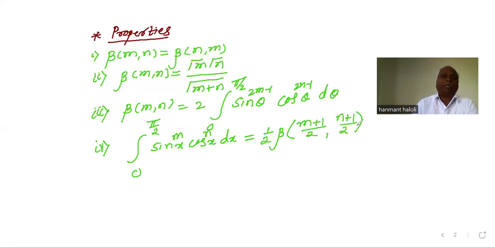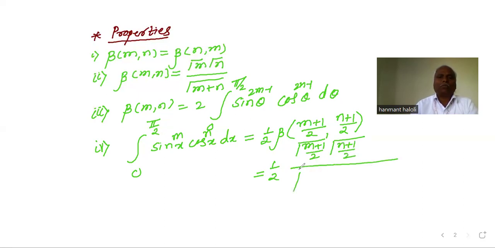This is an important property of conversion, and this formula can also be converted into the gamma function. It equals 1 by 2 gamma of (m plus 1) upon 2, times gamma of (n plus 1) upon 2, divided by gamma of the sum of these two, that is (m plus 1) upon 2 plus (n plus 1) upon 2. Therefore, (m plus n plus 2) upon 2, you get this formula.